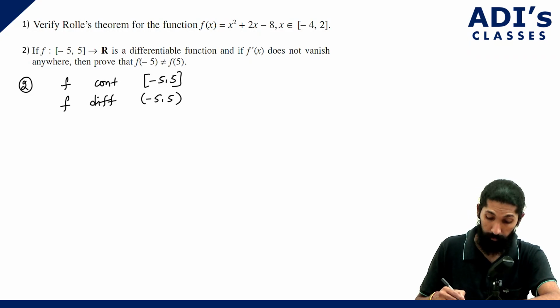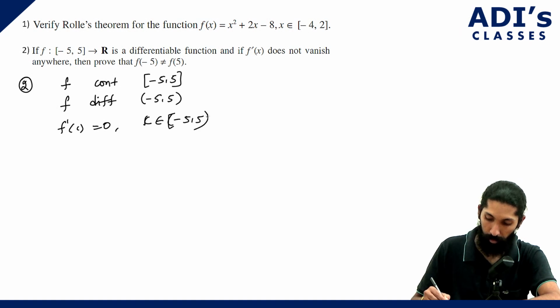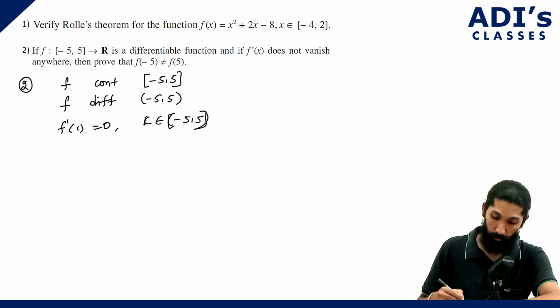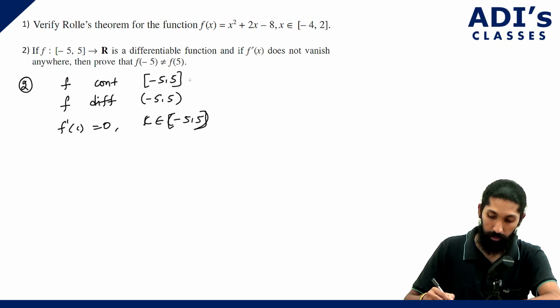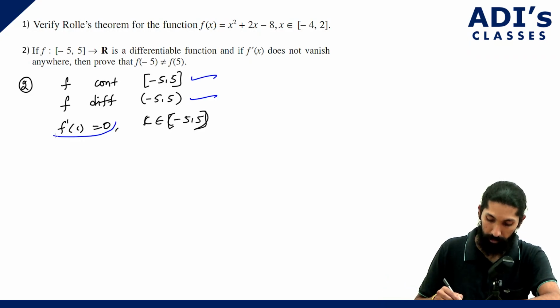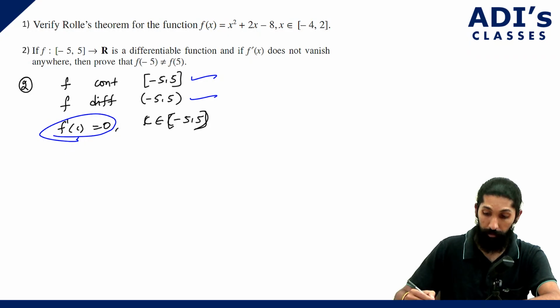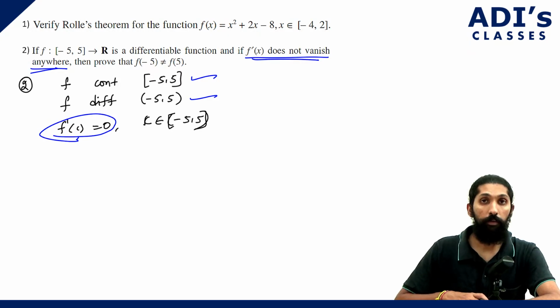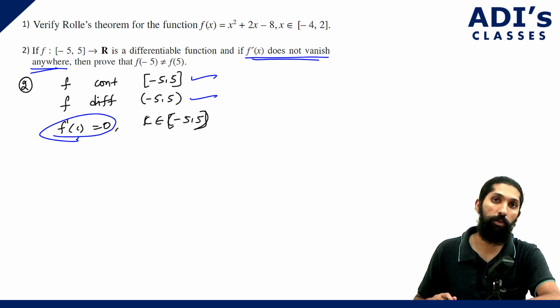And the last one, f dash of c is 0 and c belongs to (-5, 5). So this is the condition, correct? So first, f is continuous, well and good. This is also fine, but this is not fine because they're saying f dash of x does not vanish anywhere. If it was 0, then it would have vanished.